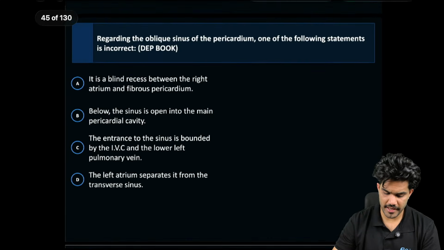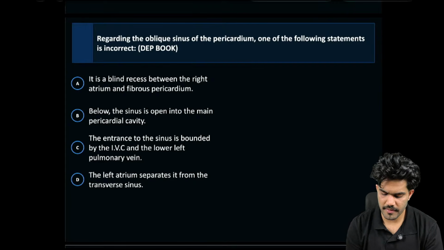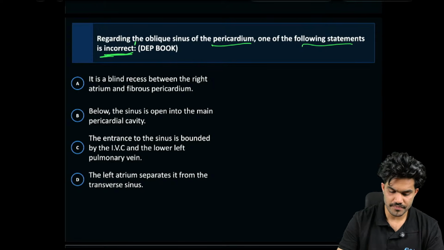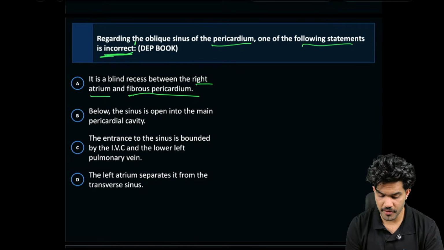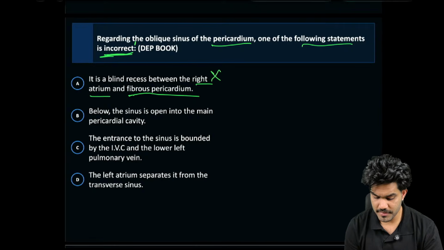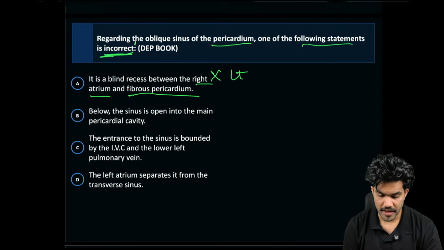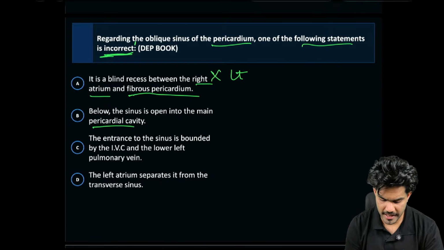Next question is regarding the oblique sinus of pericardium. One of the following statements is incorrect. Okay, false statement we have to find out. It is a blind recess between right atrium and fibrous pericardium. No, it's a blind recess between left atrium and fibrous pericardium. Below, the sinus is open into the main pericardial cavity.